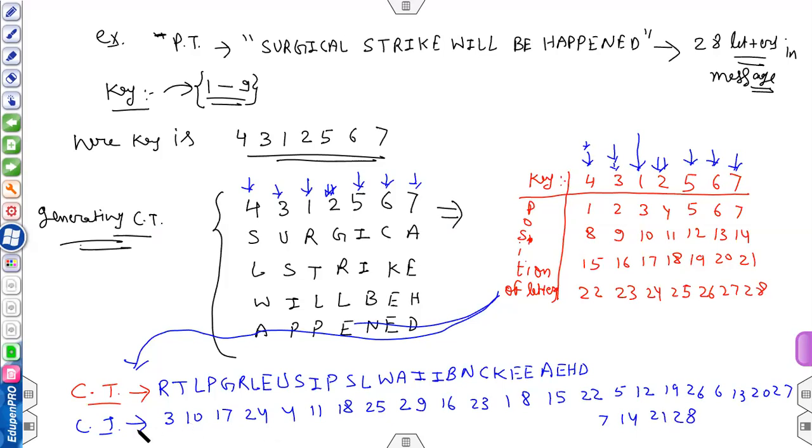In this fashion we may generate the cipher text, and in the same way, we can also get back our plain text here.